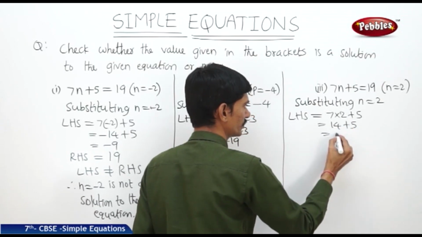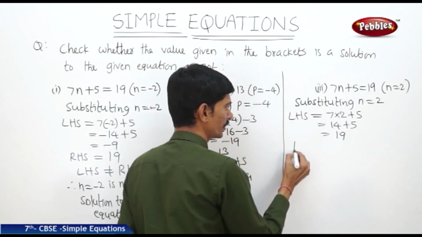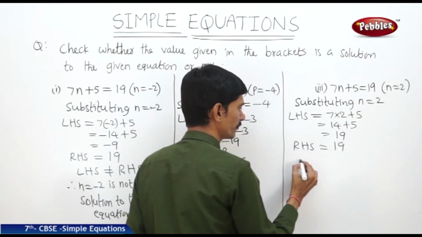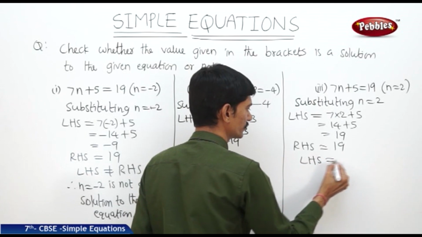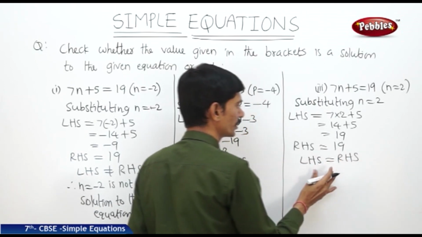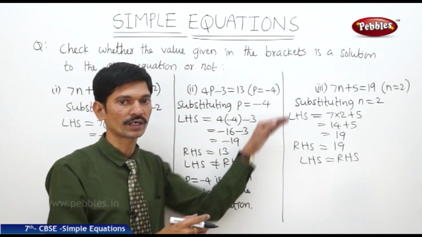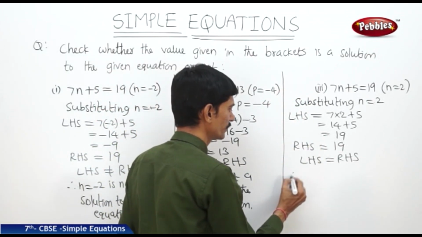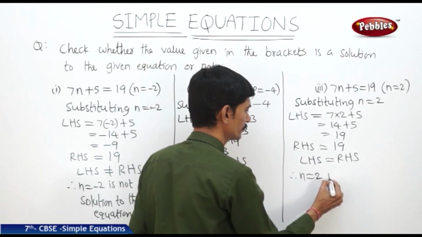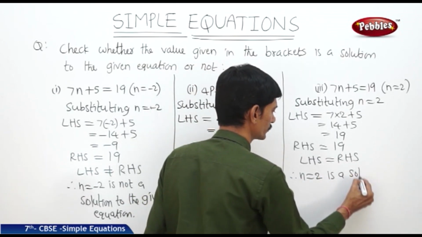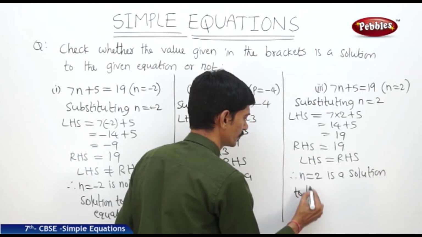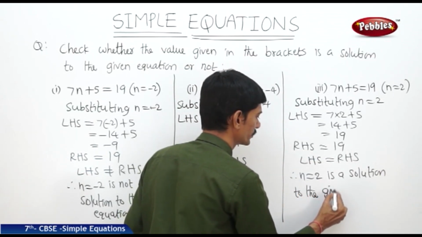So 14 plus 5 is 19 and whereas RHS is also 19. So here we can say that LHS equals RHS. So here both the values of LHS and RHS are equal. Therefore we can write n equals 2 is a solution to the given equation.